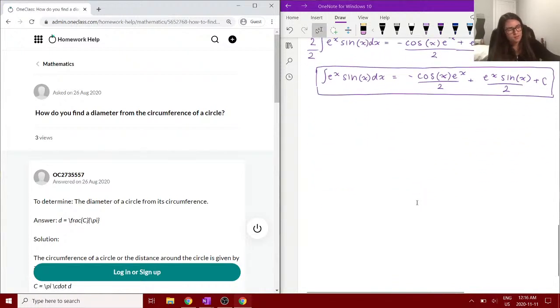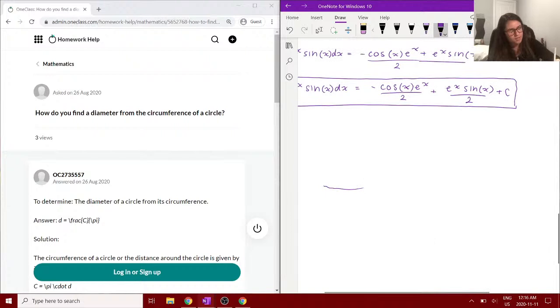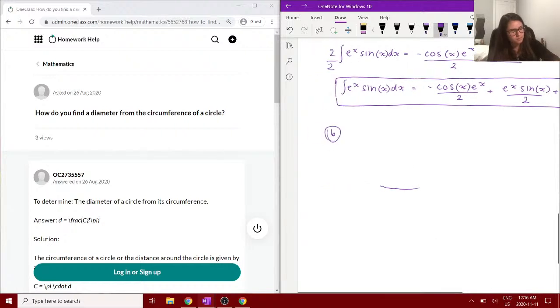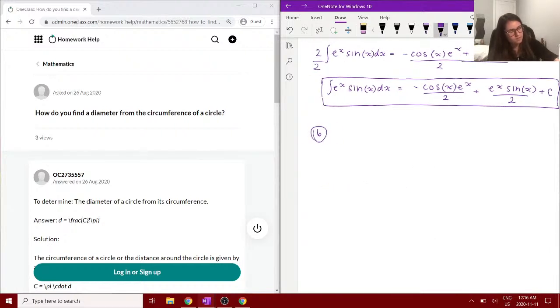Okay, for question number 6, we're asked, how do you find a diameter from the circumference of a circle? All right, so we have a circle, not a very good one, but we have a circle, and this circle has a diameter d, right?